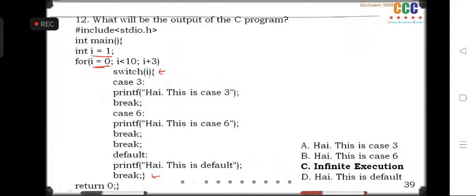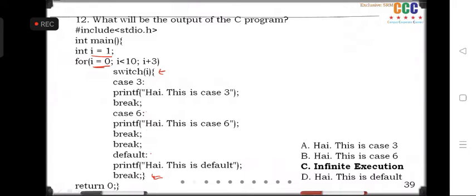Switch I, case 3, okay, I is 0. When I is 0, case 3, case 6, break, and default. Default is break.